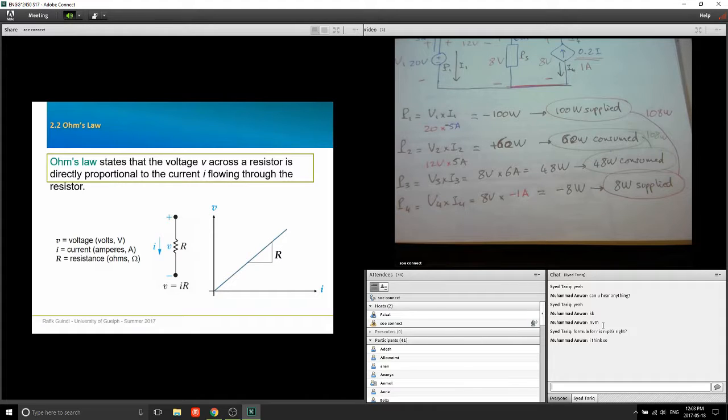The current flowing through that same resistor, and R equals V over I, R in ohms. So that's the very important foundation.